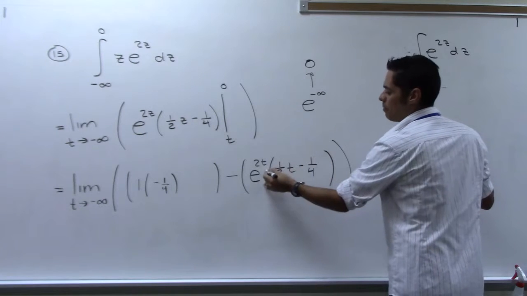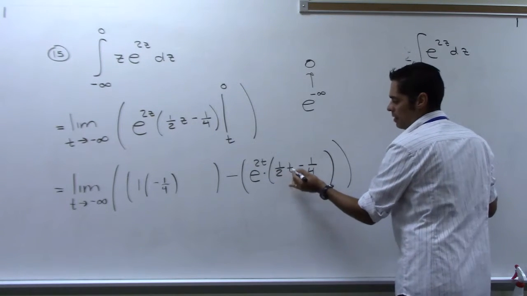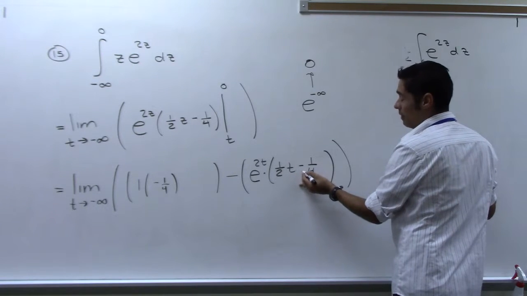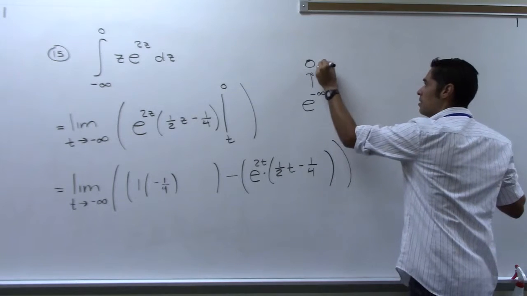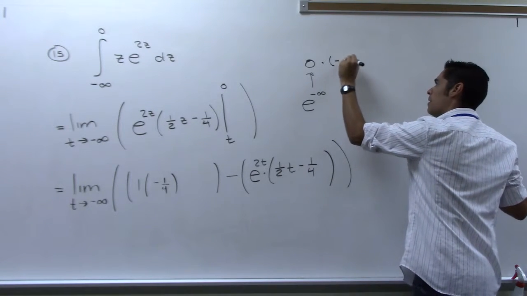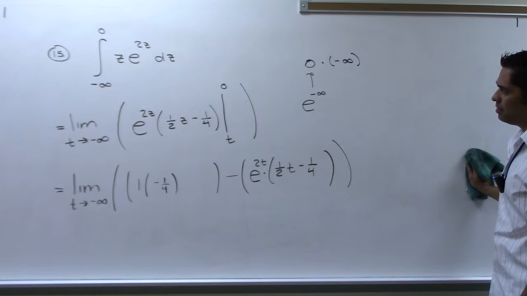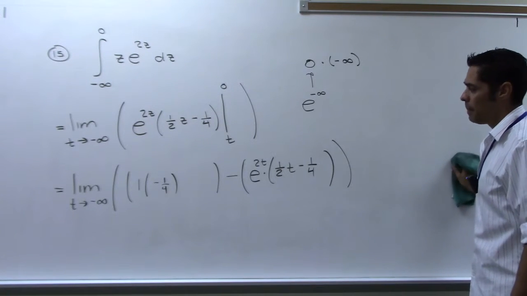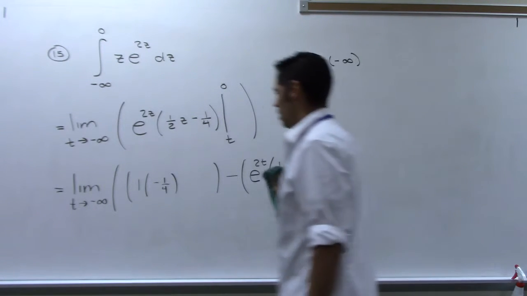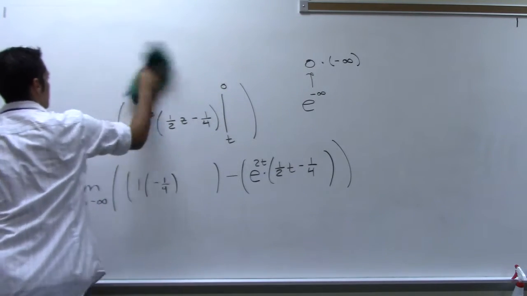The problem is that we're multiplying that times this, and half of negative infinity is still negative infinity, and take away 1/4, you're still negative infinity. So you've got something like 0 times negative infinity, and that is still an indeterminate form. We do not know what that turns into. We have to do more with this. This is something that hopefully you ran into in Calculus 1. So I'm going to try and remember what this was. This was negative 1/4, this first one.